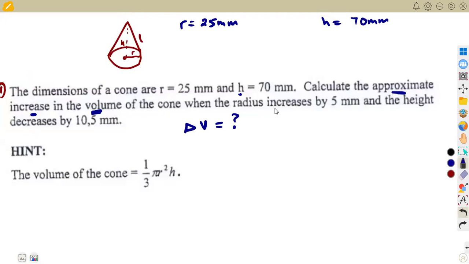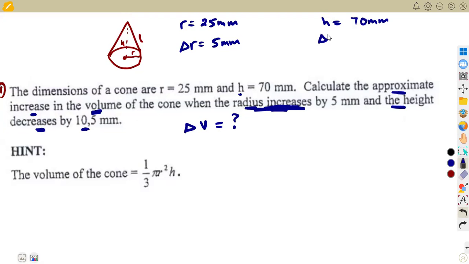When the radius increases, now the radius is changing. Remember, I was talking about the change in radius, the change that can be the increase, the decrease, the increment that has happened. So the radius increases. To increase, that's a plus. So the change in radius is 5 millimeters. And the height decreases. To decrease, that's a negative.